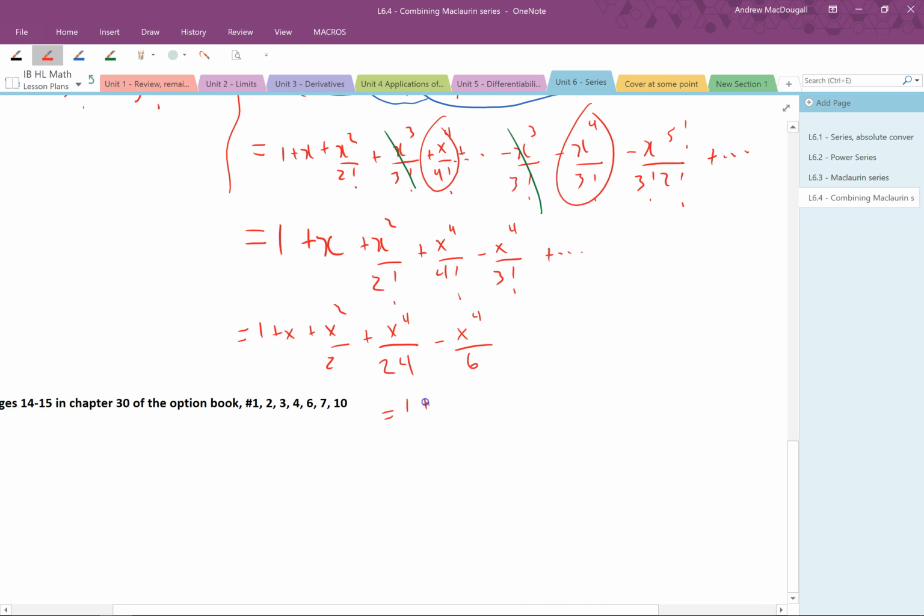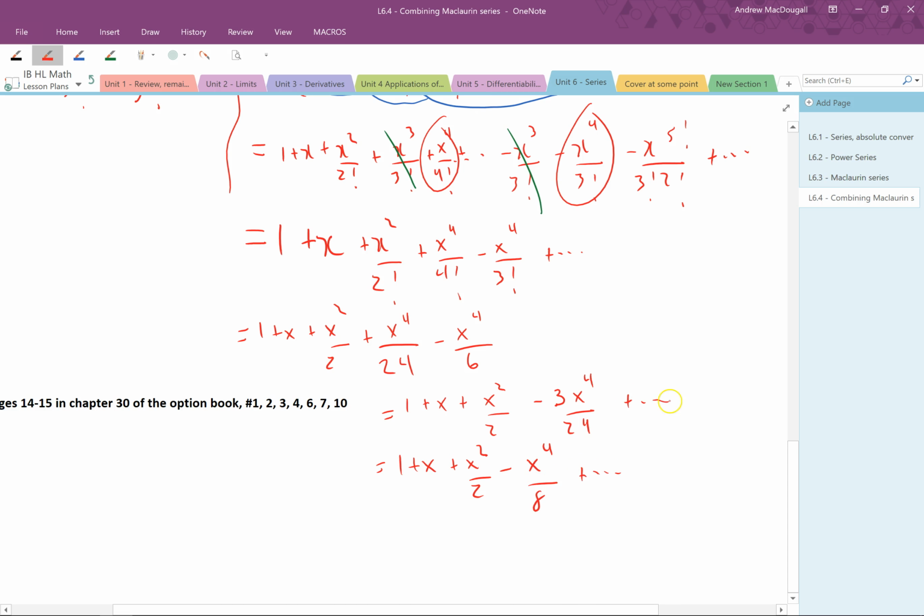This is 1 plus, okay, so this is 1 over 24 x to the 4 minus 4 over 24 x to the 4, so minus 3 x to the 4 over 24, 1 plus x squared over 2 minus x to the 4 over 8.